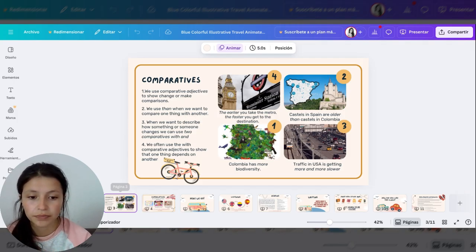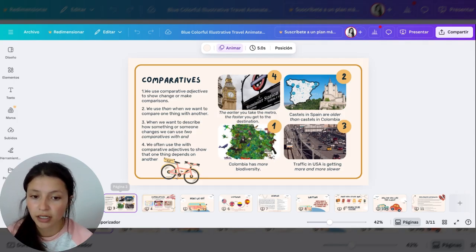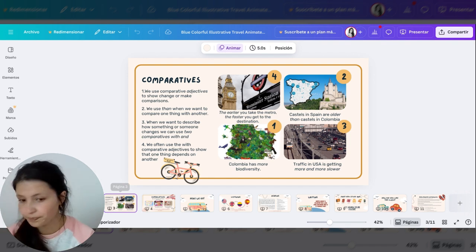For example, the traffic in United States is getting more and more slower. And then we often use the with comparative adjectives to show that one thing depends on another. The earlier you take the metro, the faster you get to the destination.